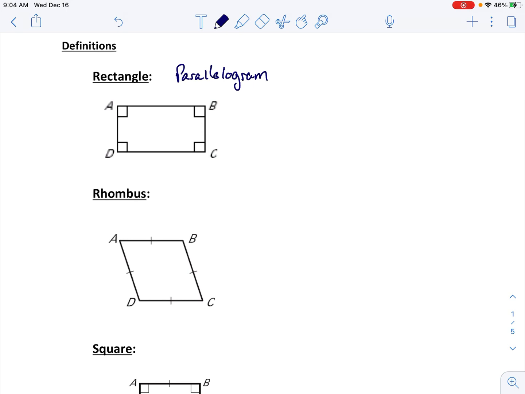So jumping in with rectangle, it is a parallelogram with four congruent angles. Now, what I get from my experiences in the past is people think that what makes a rectangle is it has right angles, which is awesome, don't get me wrong, but it's more because the angles are congruent. They're all the same.